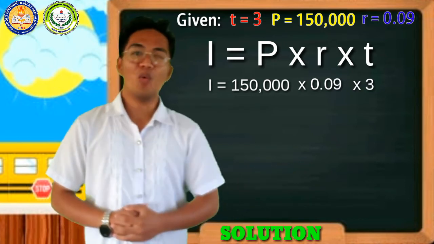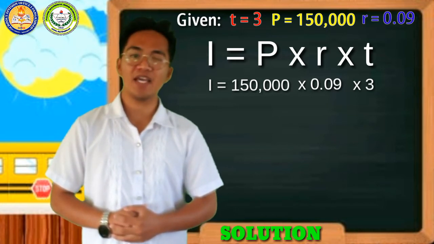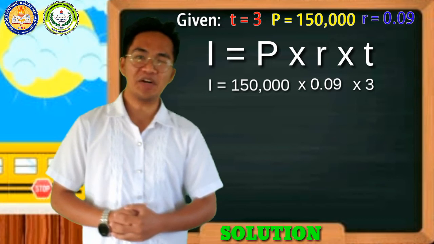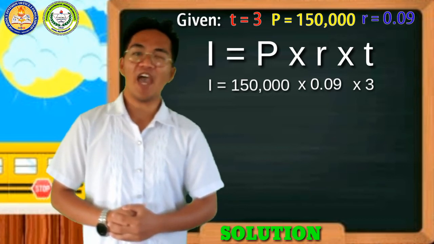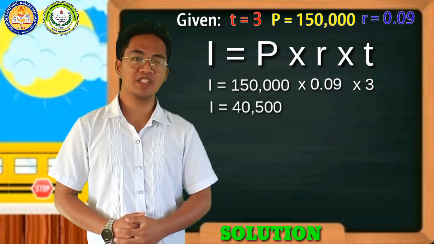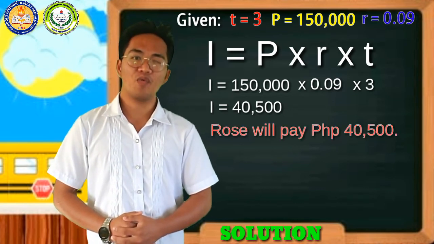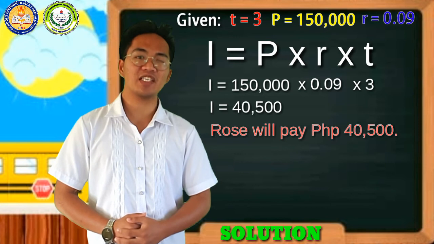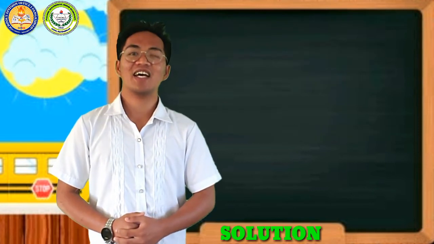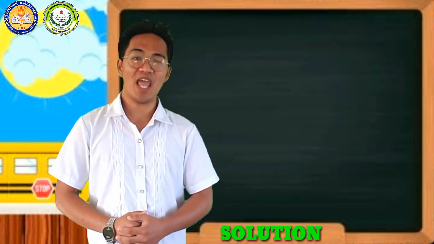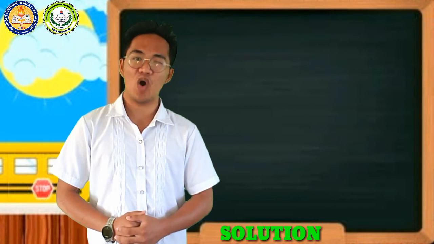And now, we are going to multiply 150,000, 0.09, and 3. And we will get I equals 40,500. Rose will pay 40,500 pesos in interest.